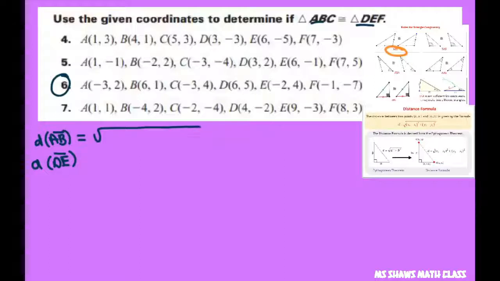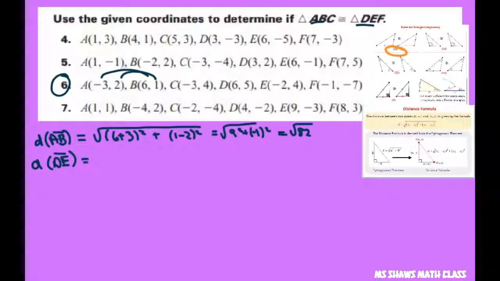We have 6 minus a negative 3, so that's 6 plus 3, plus 1 minus 2 squared. That gives you the square root of 9 squared plus negative 1 squared. That's 81 plus 1, so that's the square root of 82.